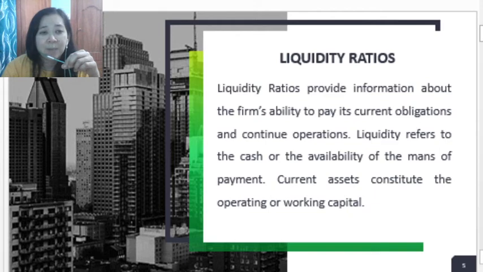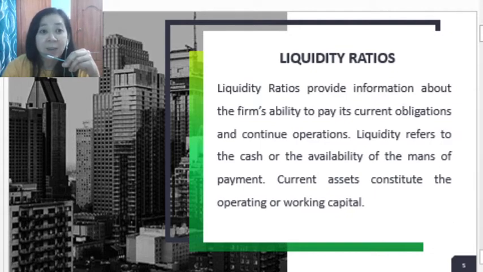The main idea is that these assets are currently moving, being used in the present, within 1 year or 12 months, or within the normal course of operations or operating cycle of the entity. Depending on how the entity classifies its assets, we will know based on their presentation in the financial statements.